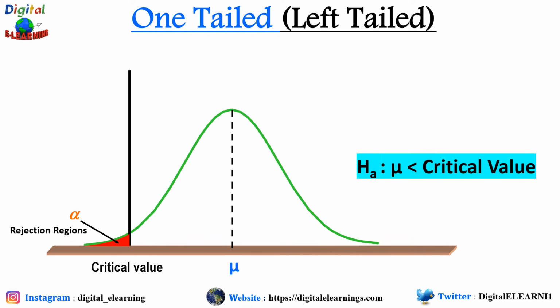Suppose the null hypothesis states that the mean is greater than or equal to 10. So the alternate hypothesis would be the mean is less than 10. The rejection region will lie somewhere on the left side of the sampling distribution. That is a set of numbers which are less than 10. So if anything falls in this region, we will reject the null hypothesis.